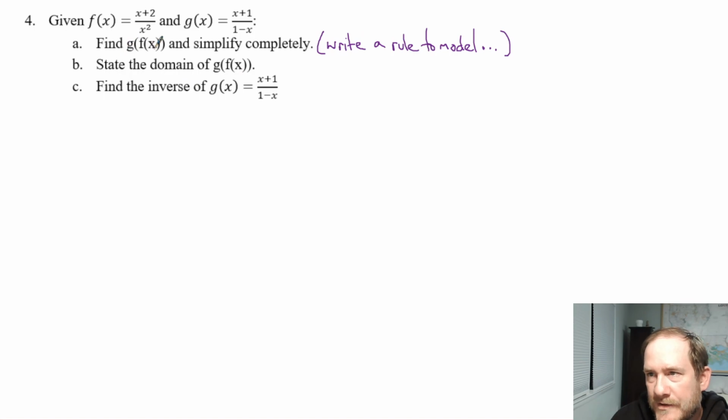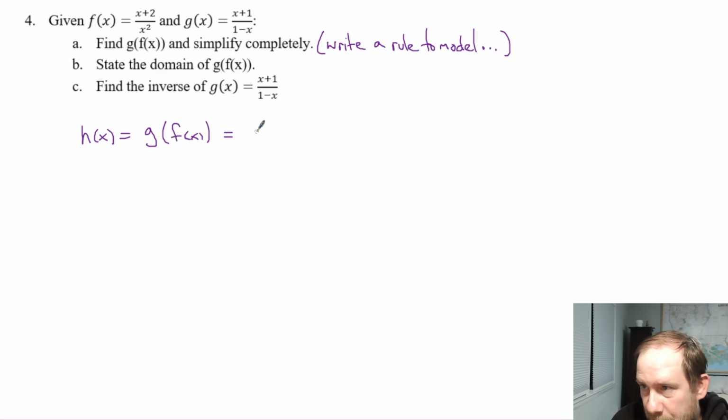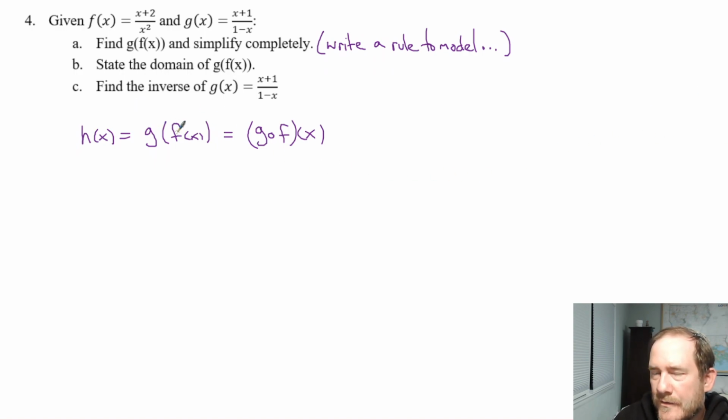Again, this might get its own new name. We might say, okay, there's a new function, a third function called h of x, and it's defined to be g of f of x, which I'm sure you all remember means g composed with f of x. We've got the two alternate notations that just mean the same thing. And in either case, we're taking f as the inner function, g as the outer.